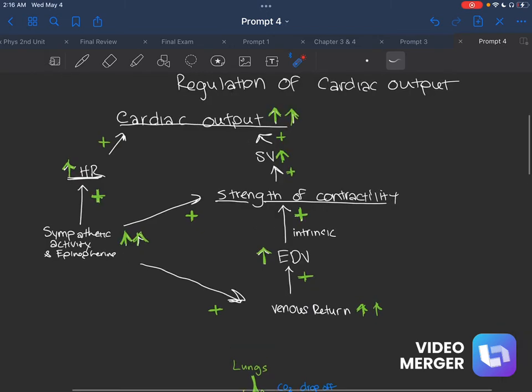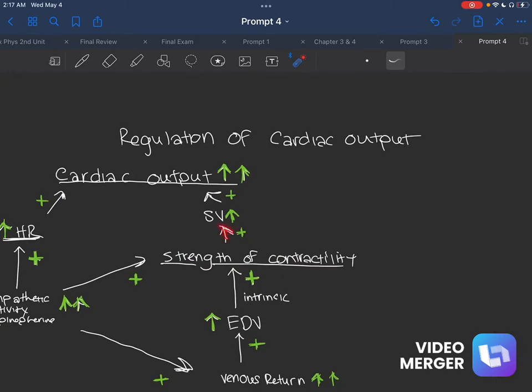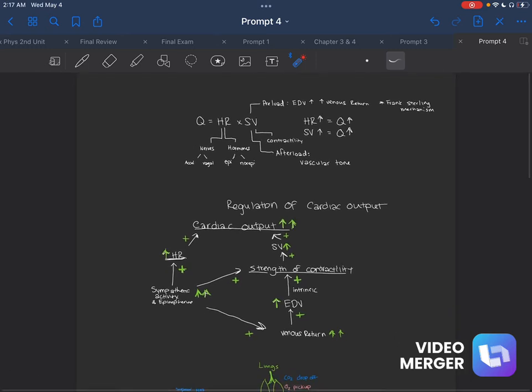Remember the Frank-Starling mechanism: the bigger the stretch, the bigger the squeeze, and then we see a positive correlation of strength of contractility, which again can increase stroke volume.